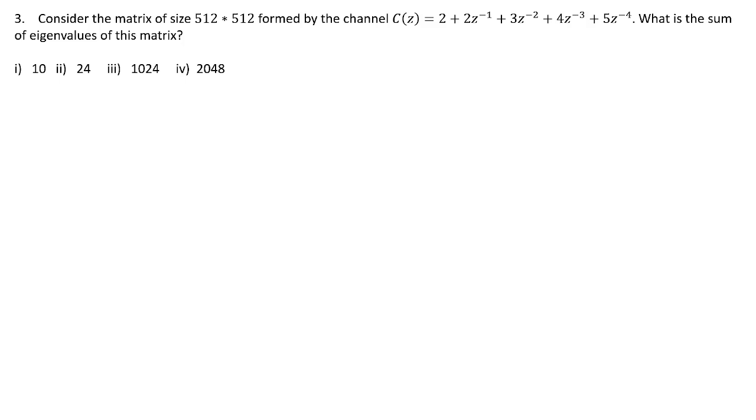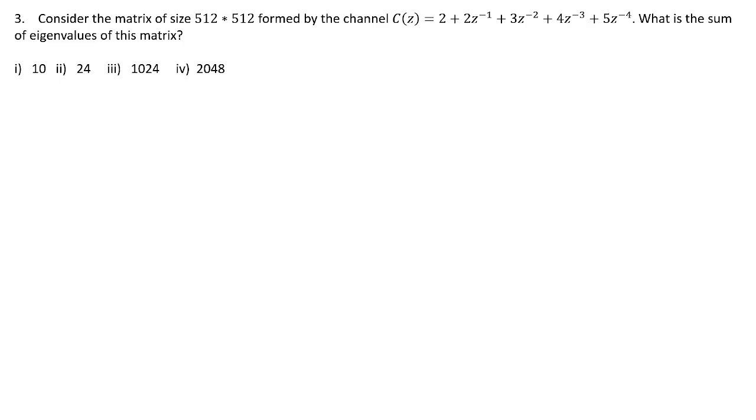Therefore, if you know the sum of the elements across the principal diagonal, that is equal to the sum of the eigenvalues. So that's it. All you need is the trace of this matrix. To be more specific, you need to know the sum of the elements across the principal diagonal. So let us see.